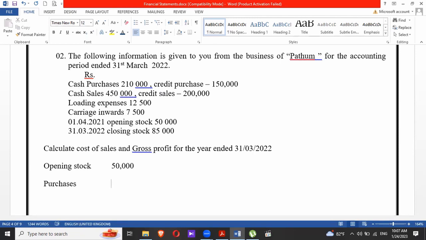Opening stock 50,000, purchases 210 plus 150, you have to take 360. Purchases total, right? Don't need to write both figures separately. You can write it as a single figure as purchase and can write the total value, right? For this, you have to add loading expenses and carriage inwards. These two purchase related expenses should be added.